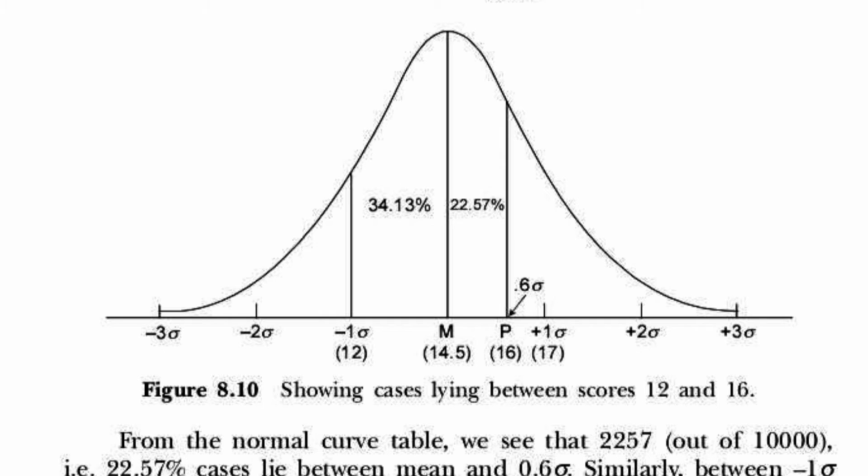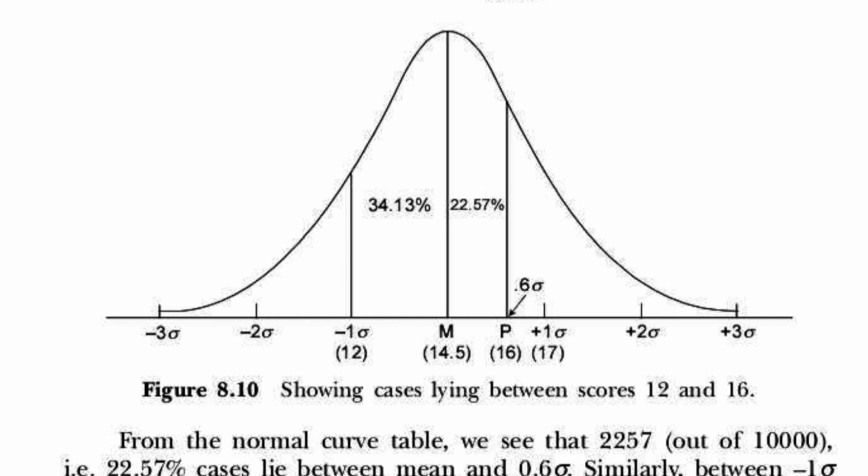Now the problem is that you need to find out what percentage of cases lie between the points 12 and 16. Here we converted the raw scores 12 and 16 into standard or sigma scores, and by representing it in the normal curve, we found the picture like this.